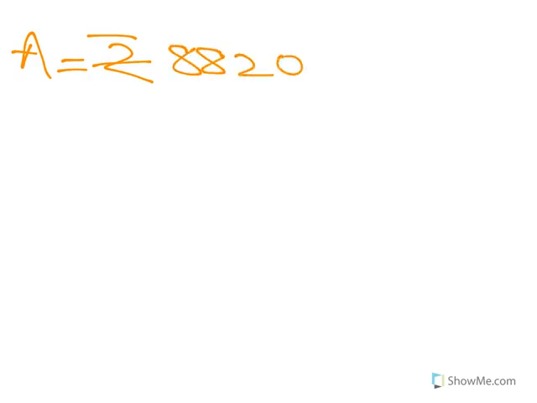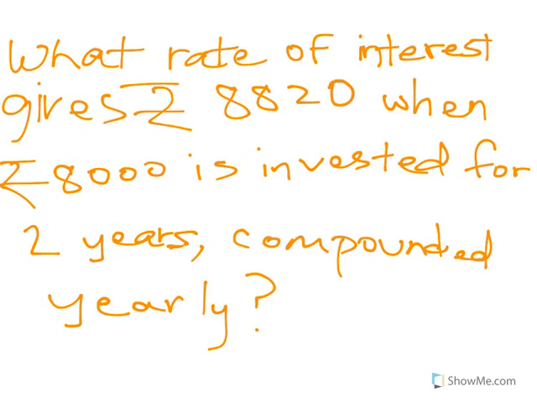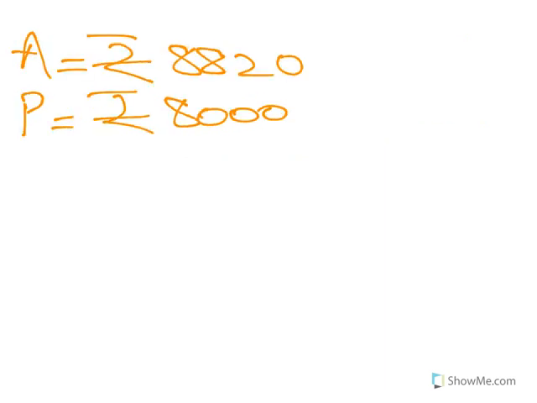So let's take a look at what we know. We know that the amount is rupees 8820. We know that the principal is rupees 8,000. We know that the time is 2 years.